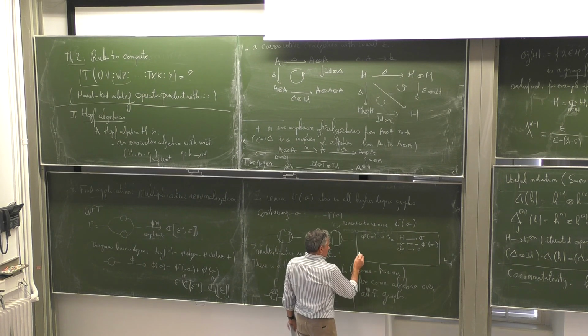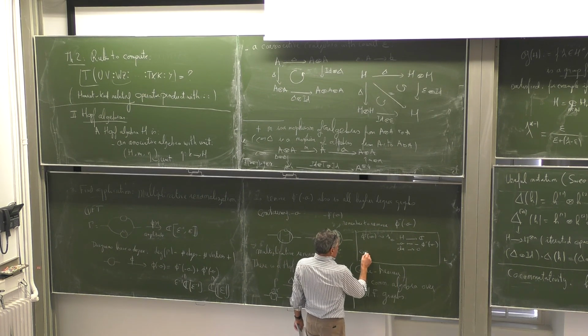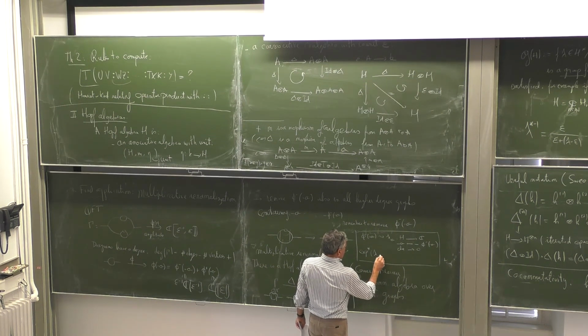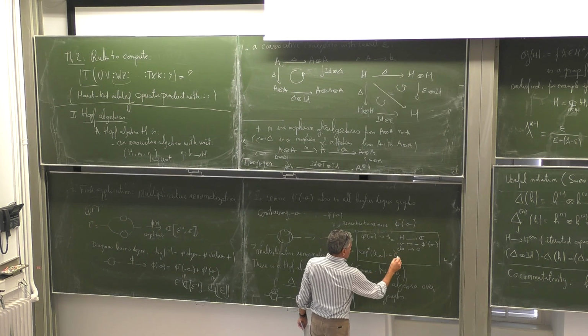Then I can take the exponential, the convolution exponential of this map. We call this gamma indexed by the graph.